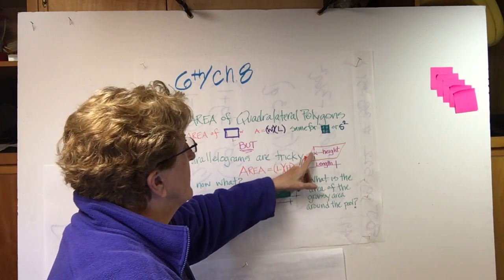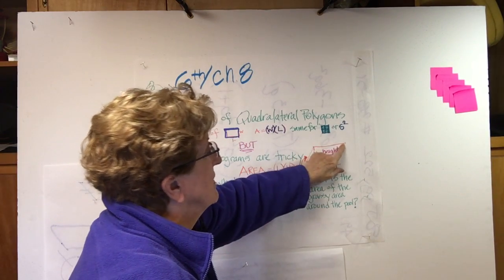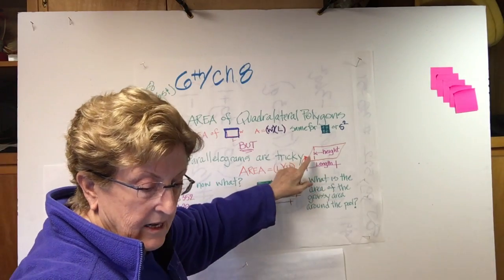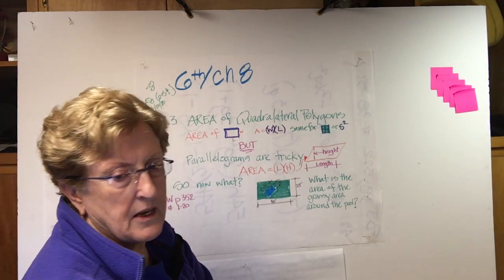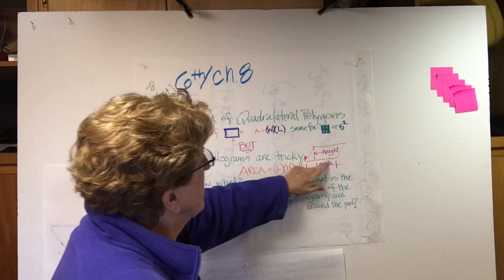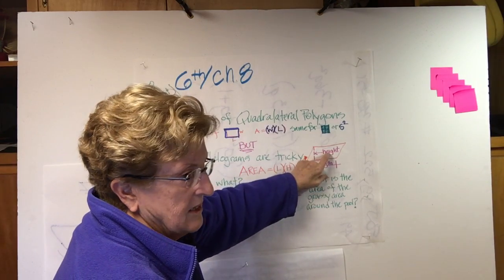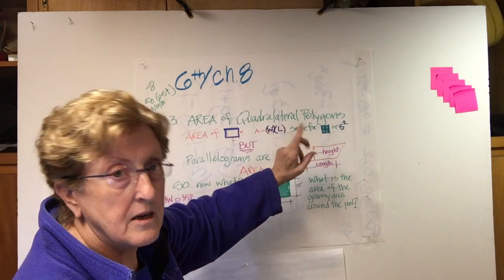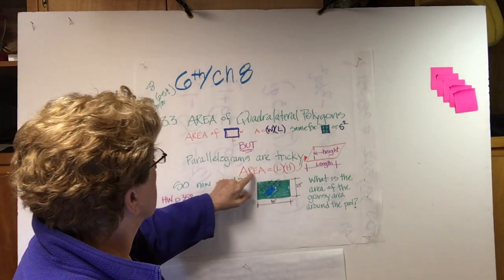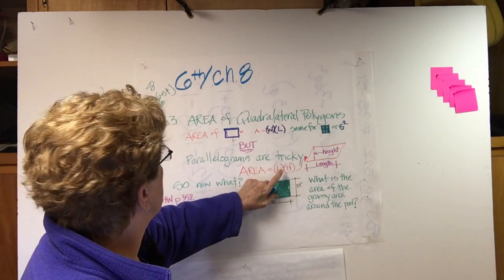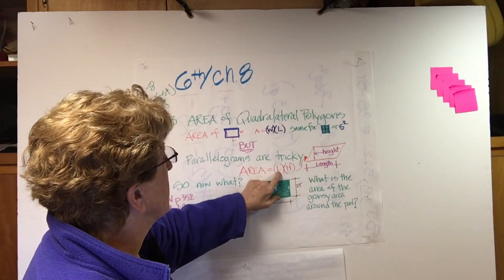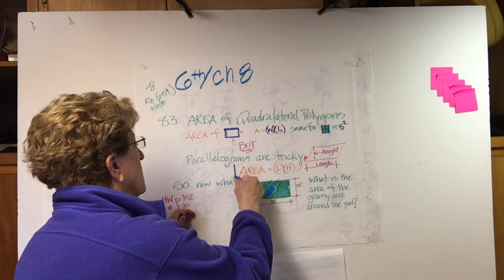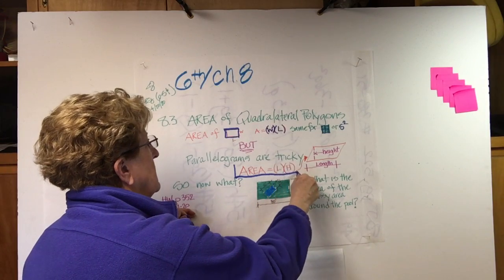You can't say that it's this side times that side, or this length times this length. You can say the length, but you have to say the height. So it's the length times the height. And the height is not necessarily the side. So the area equals length times height. Very critical difference.